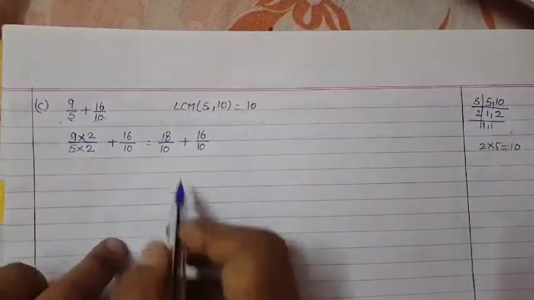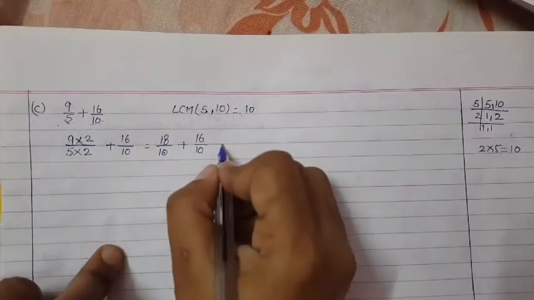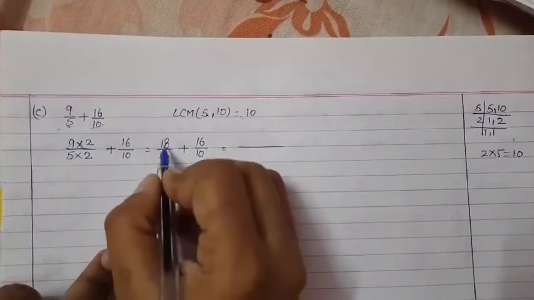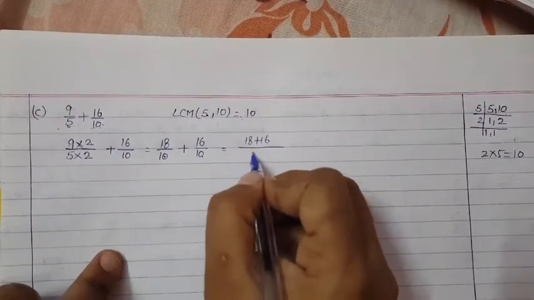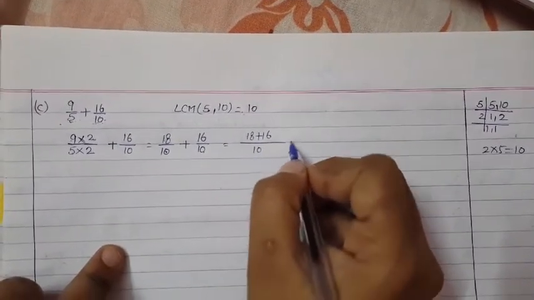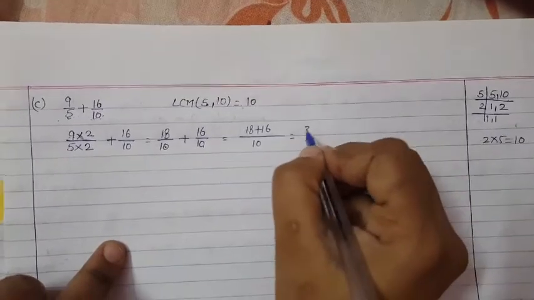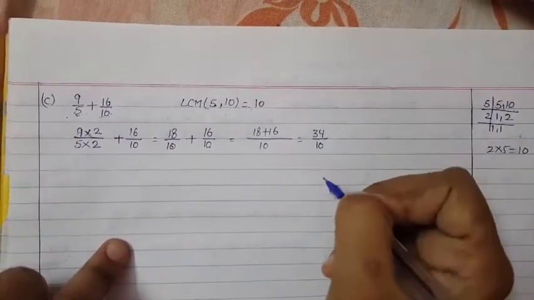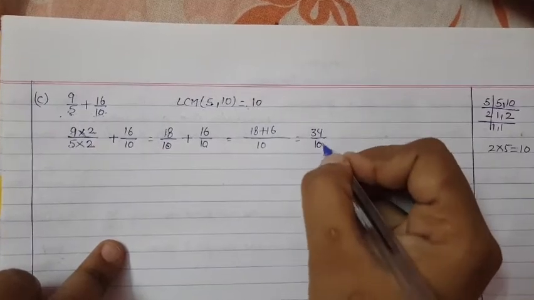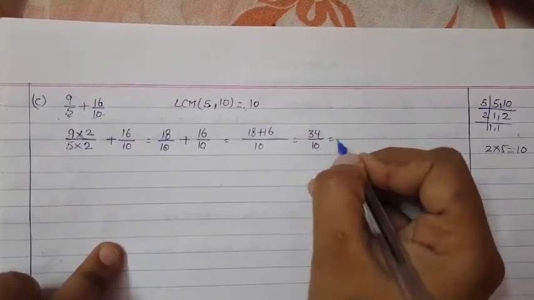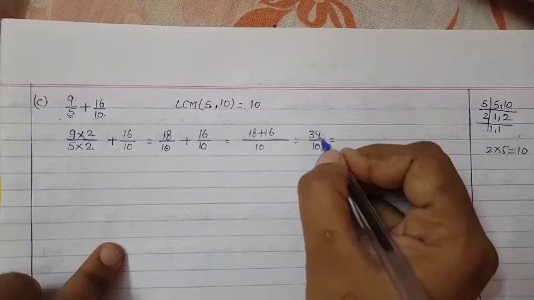Now you can see both the fractions are like fractions, so how will we add them? You have to add only numerators. 18 plus 16 upon the denominator, which will come as it is, and it will be 34 upon 10. Now from here you can see we can convert it into a mixed fraction because it is an improper fraction.